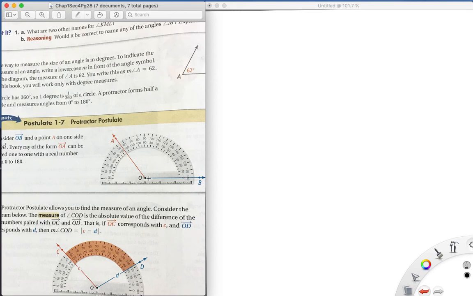Since the blue ray is going to the right, we start with this 0, and we measure it up here, and it is 125 degrees.